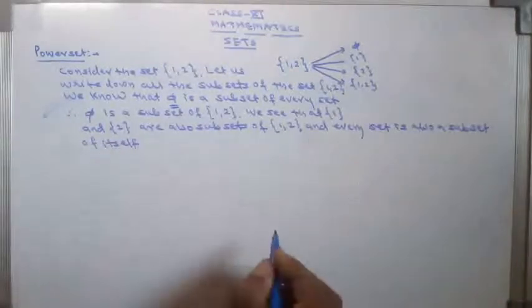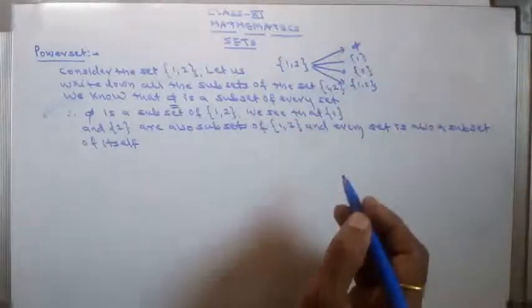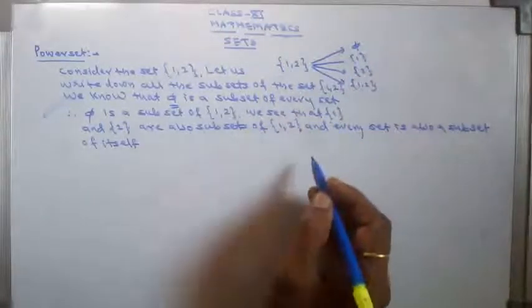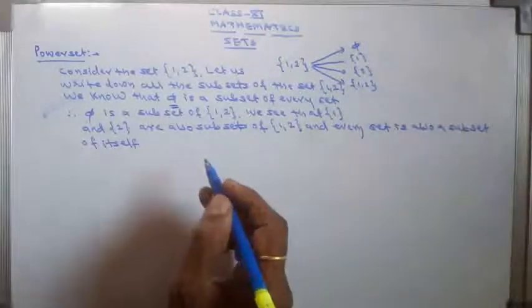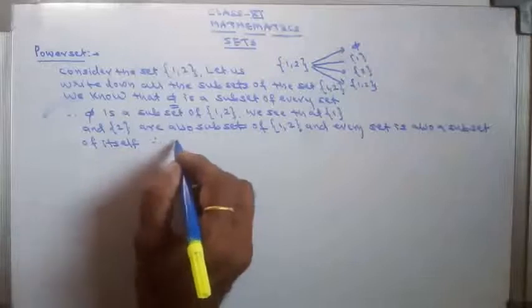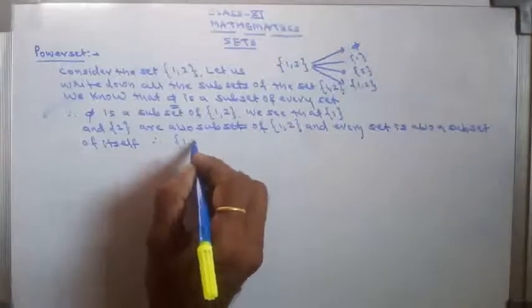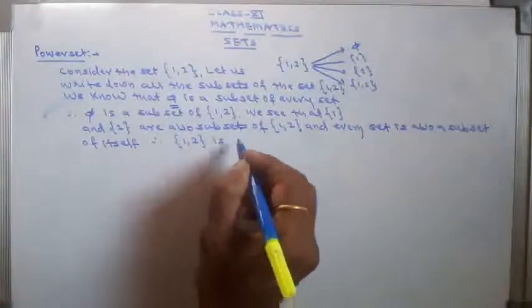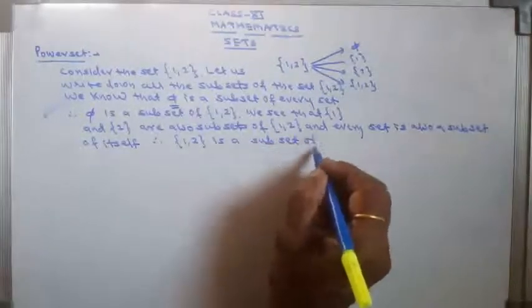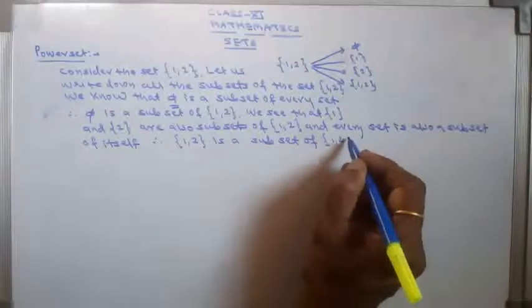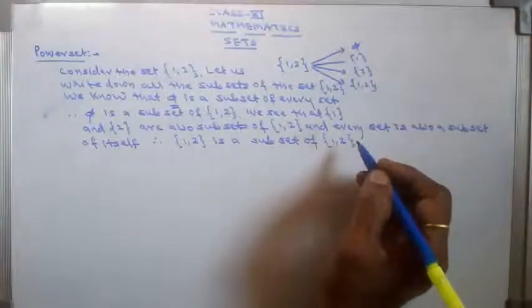Okay, so therefore we have a total of 4 subsets of the set containing 1 and 2. So {1, 2} is a subset of {1, 2} itself.